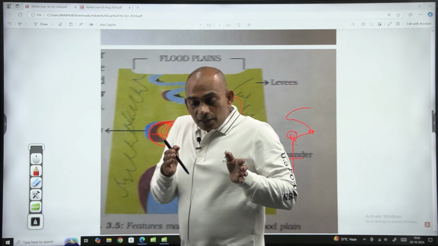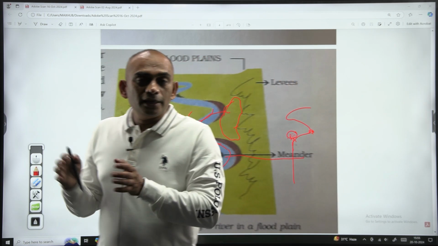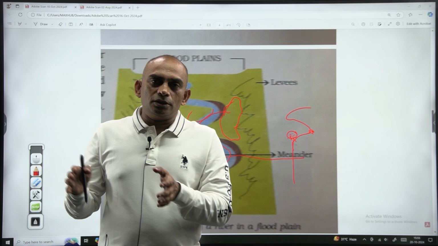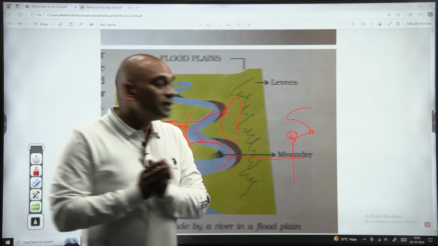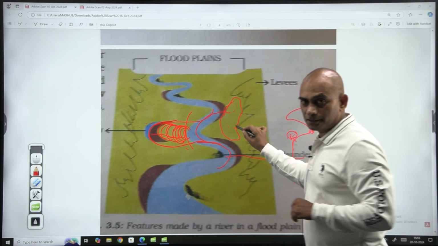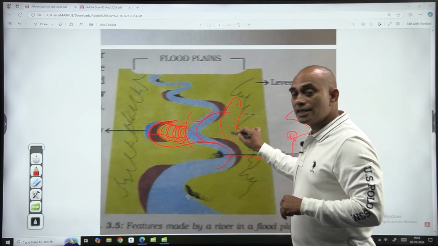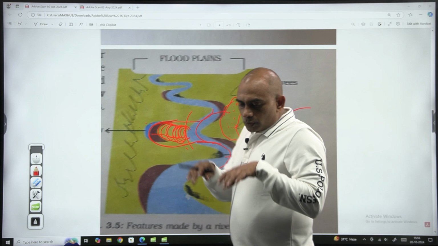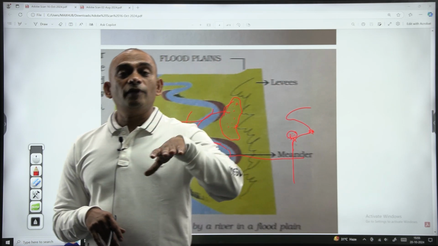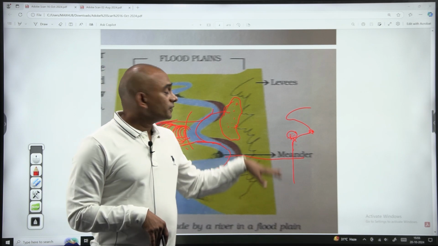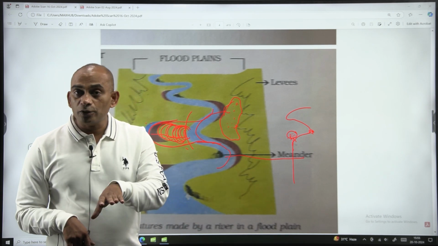When the river enters the neighboring area, not only the water, it also takes sediments along with it, and these sediments get deposited here. When these sediments get deposited here, it looks like a floodplain, because that floodplain is a fertile one because of these sediments and also a flat one.